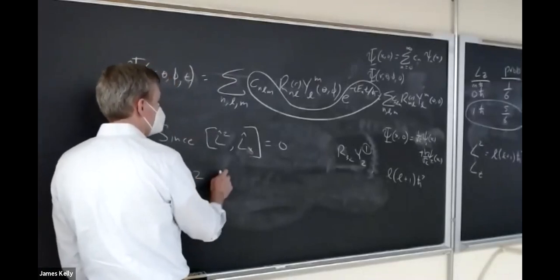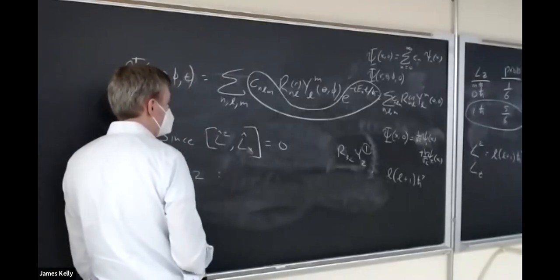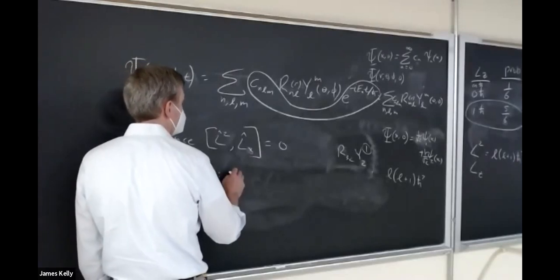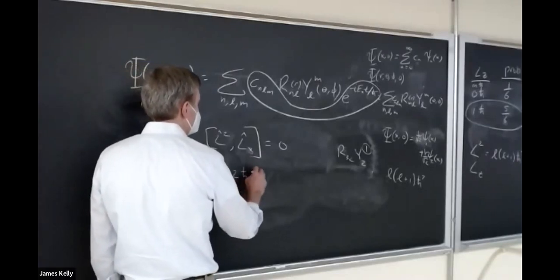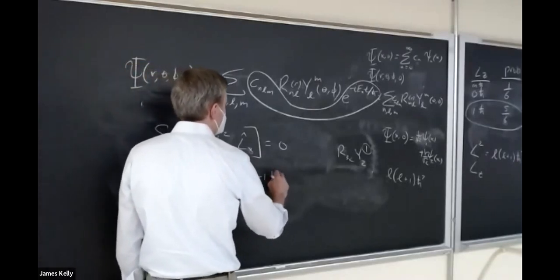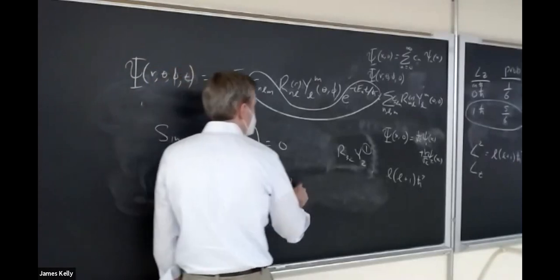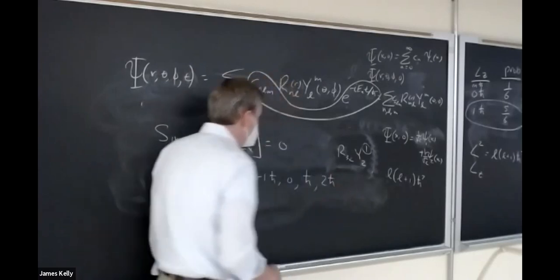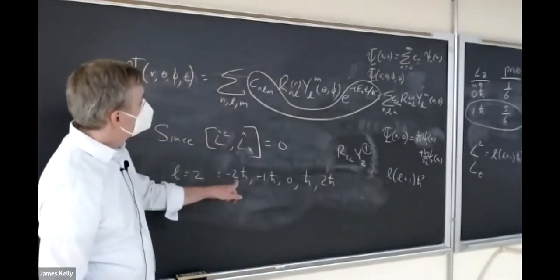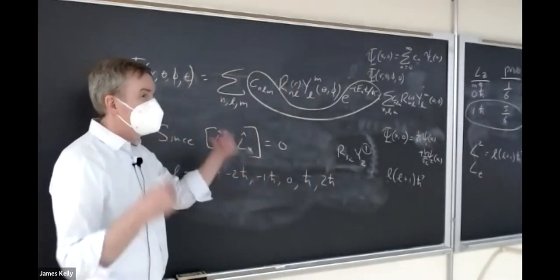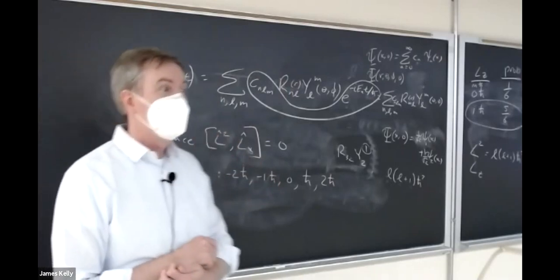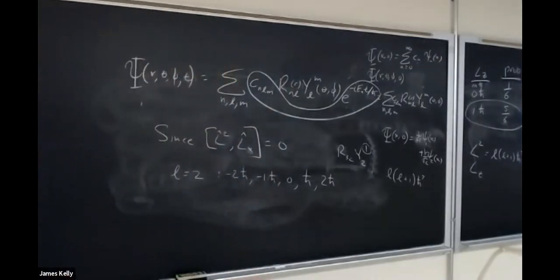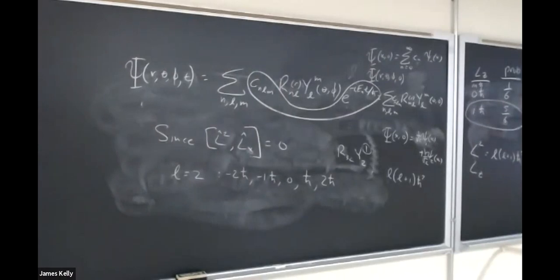So if l still equals 2, the possible values for Lx are -2 h bar, -1 h bar, 0 h bar, 1 h bar, and 2 h bar, right? m goes from -l to l, and it's m h bar that gives the value of Lx or Ly or Lz in this case.